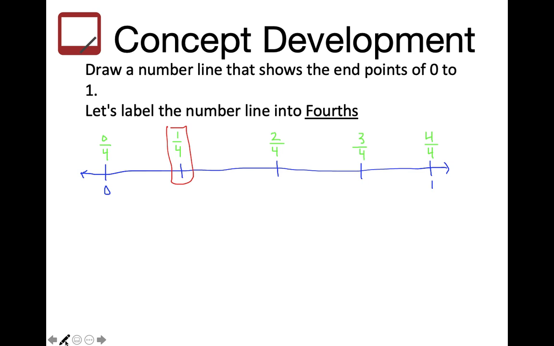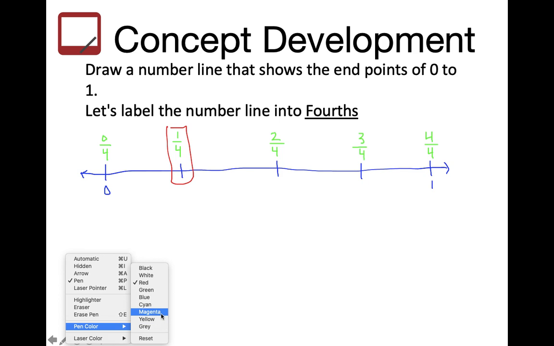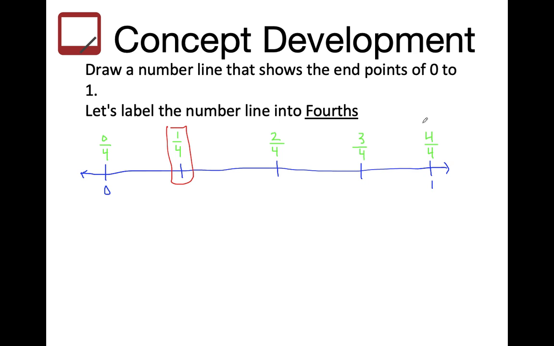What fraction is the farthest fraction from 0? If you said that 4/4 is the farthest fraction from 0, you are correct. What is the difference between these two fractions? What they want you guys to see is that 1/4 is much smaller.